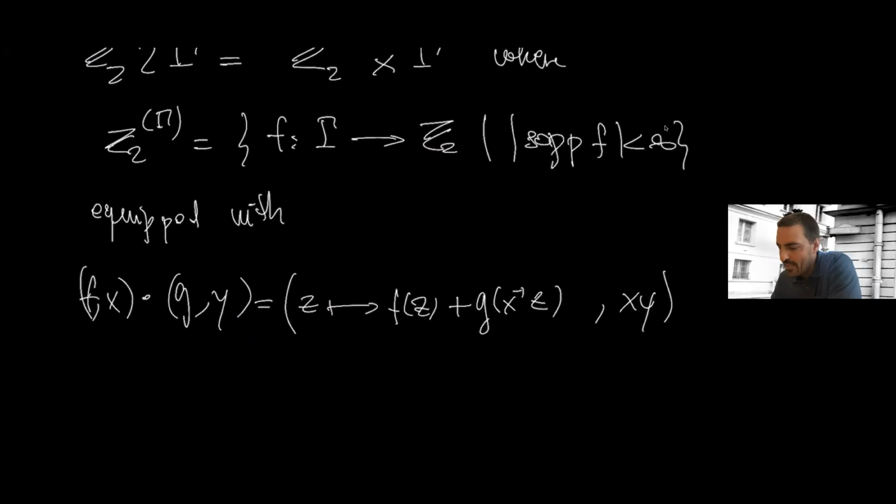Okay, so Lamplighter groups are particular examples of semi-direct products. Here the action is the action of gamma on the functions on gamma taking value into Z2, where the action is just by left translation.